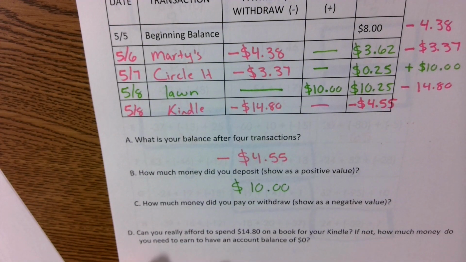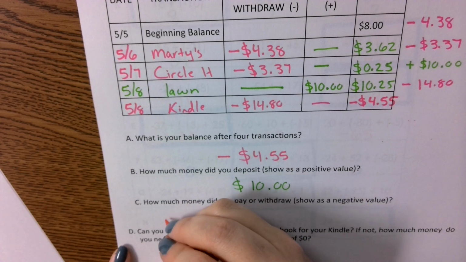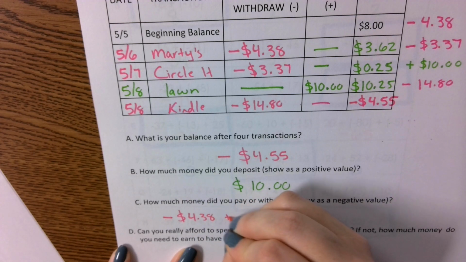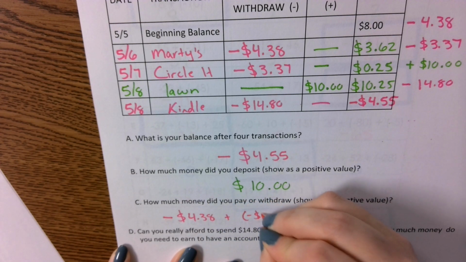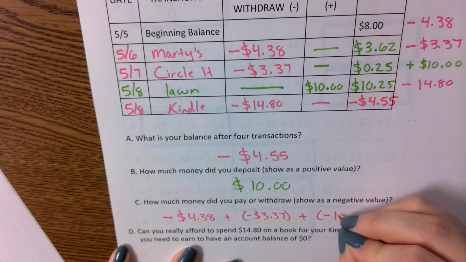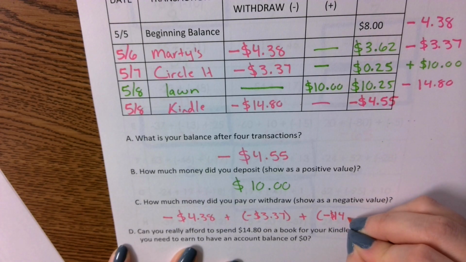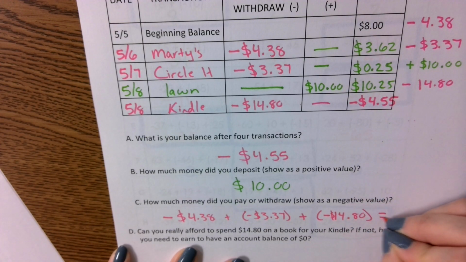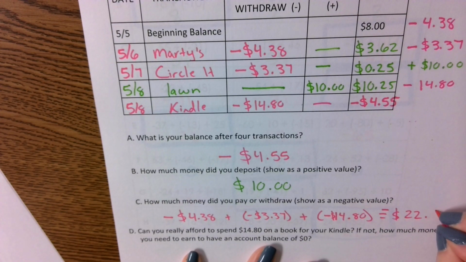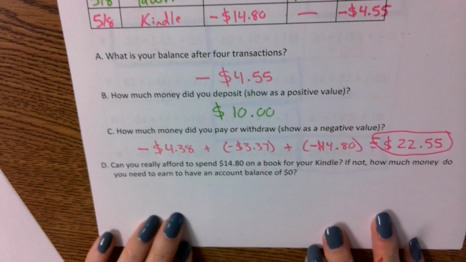At least something. We had 3 transactions of spending, right? We had negative $4.38 plus a negative $3.37 plus a negative $14.80. So we had a total amount of negative $22.55.